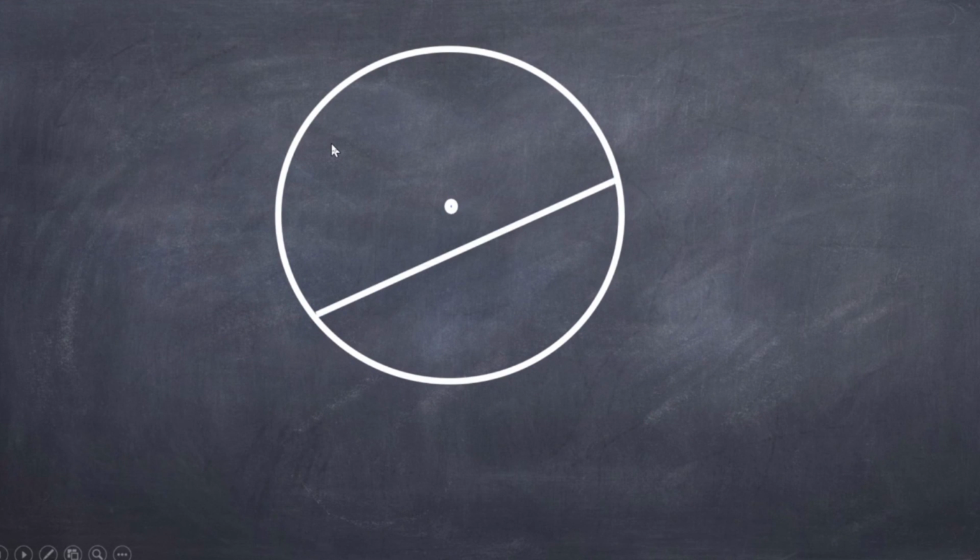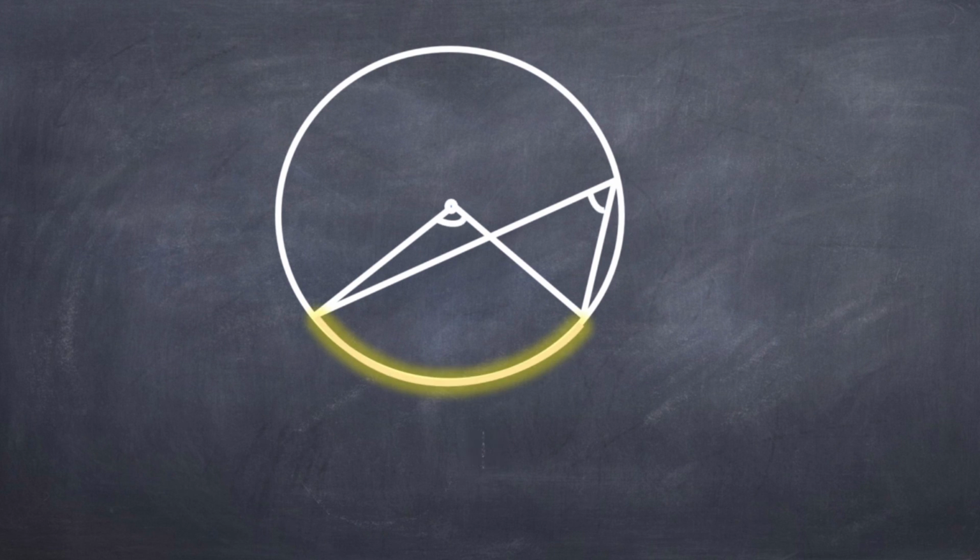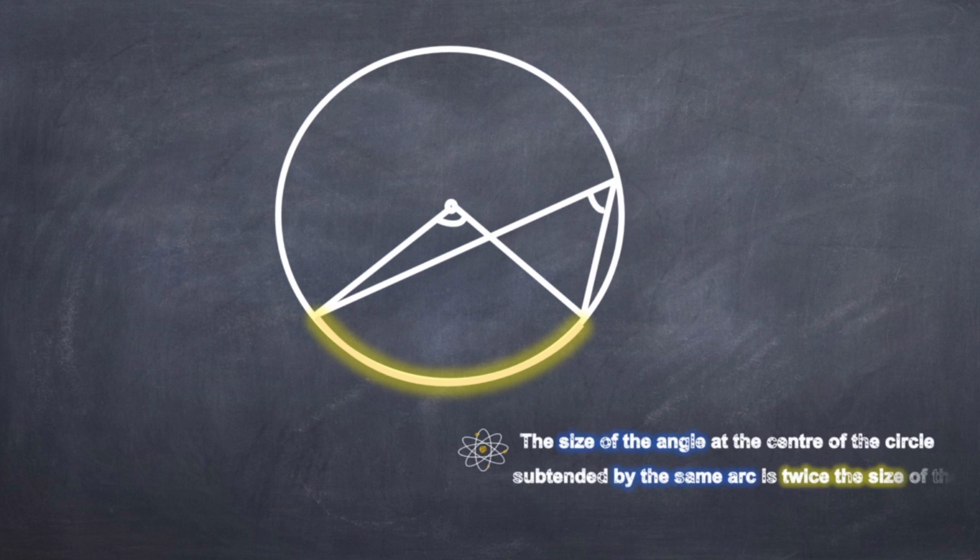Okay, how about this? Also the same thing, the size of the angle at the center subtended by the same arc is twice the size of the angle at the circumference. So no matter how it moves, the center will always be twice the size.